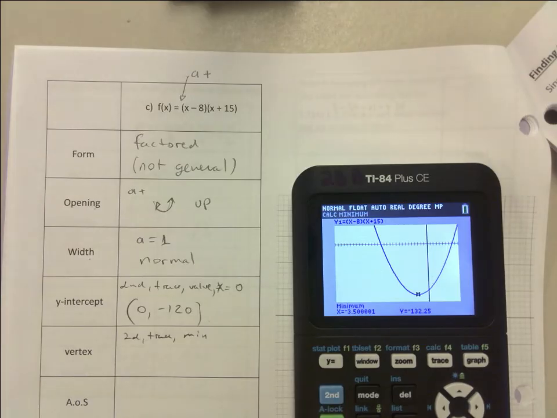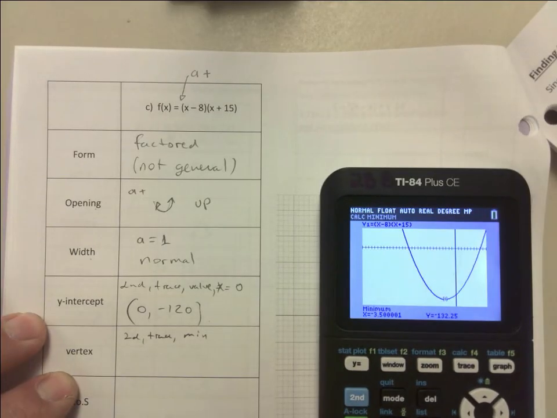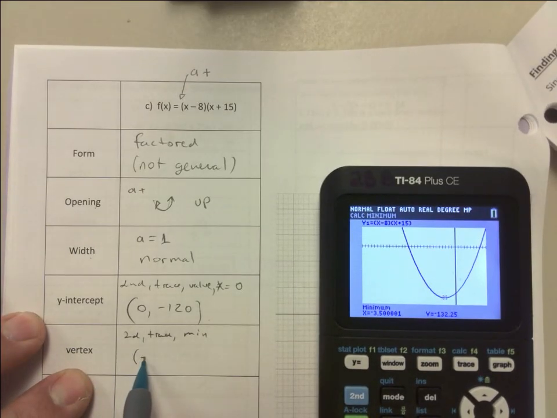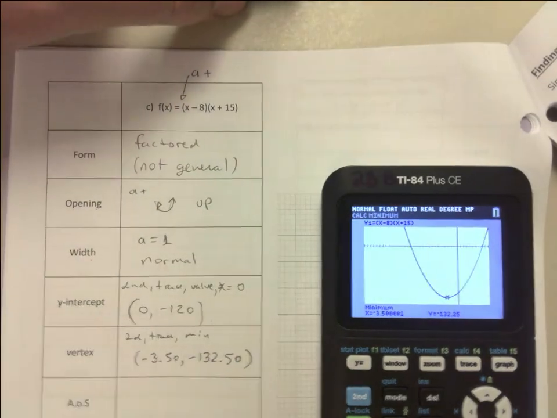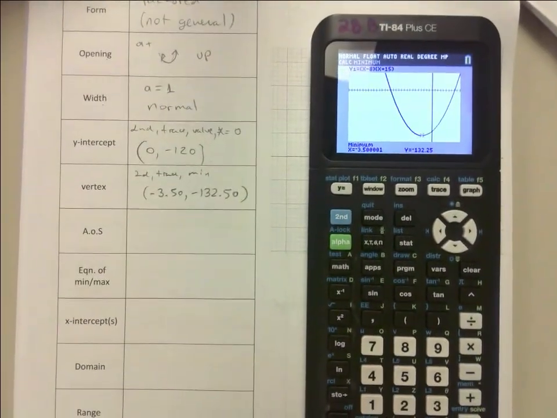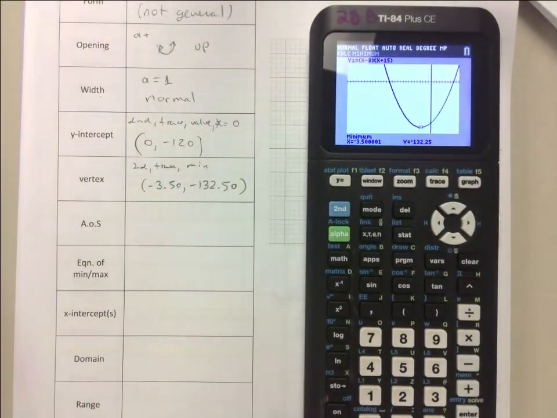Why does it say guess? Literally, it wants you to guess a point. Just give me anything. That's why we hit enter, and that's the one we submit, okay? The vertex is negative 3.5, negative 132.5. So these numbers are bigger than what we're used to, perhaps. But there it is. Got my vertex figured out.